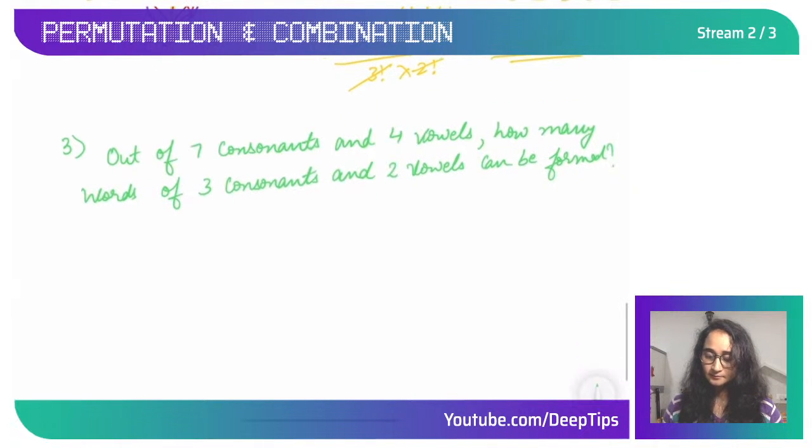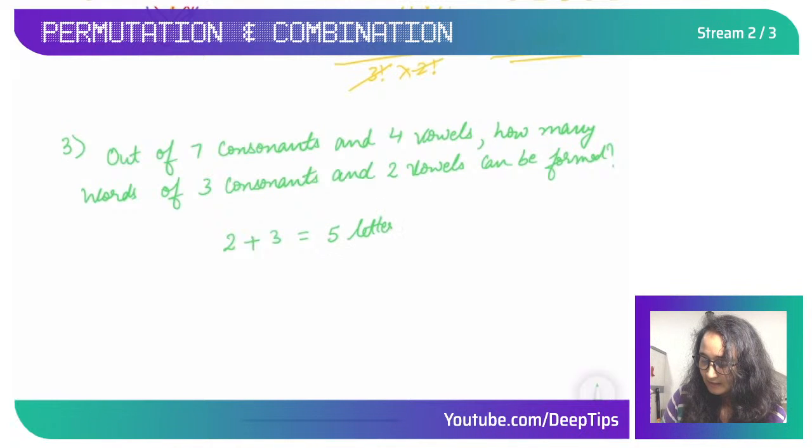Let's try to understand. Out of 7 consonants and 4 vowels, how many words of 3 consonants and 2 vowels can be formed? So when I'm saying 2 vowels and 3 consonants, I am clear about one thing that is given in my question, that it is a 5-letter word.